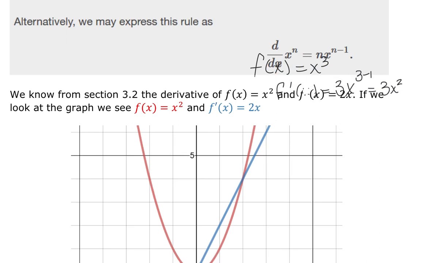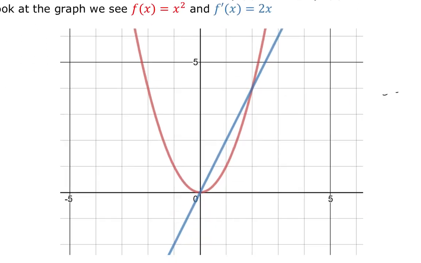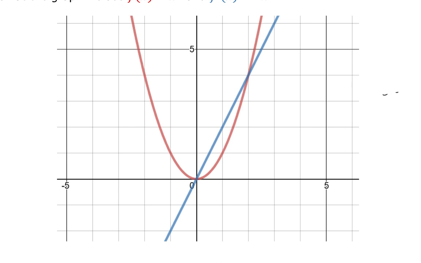So we know from section 3.2 the derivative of f of x equals x squared is f prime of x, which is 2x. And we talked a little bit about the graphing in 3.2. We said, remember where there's a turning point, our derivative graph is going to cross the x-axis.